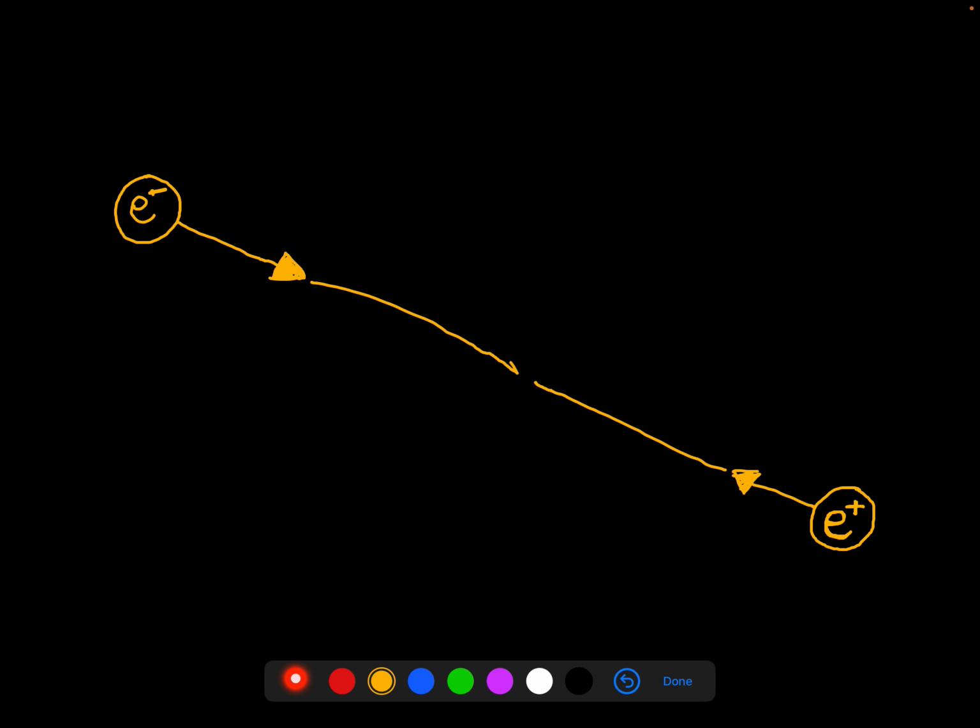These antiparticles collide, and what happens? Well, they release their energy in the form of gamma rays. Let's draw it squiggly to show that it's not mass, but a wave. So there's one gamma ray, and there's the other gamma ray.